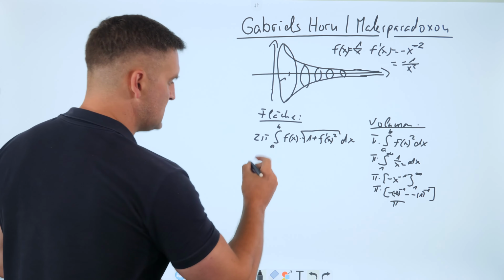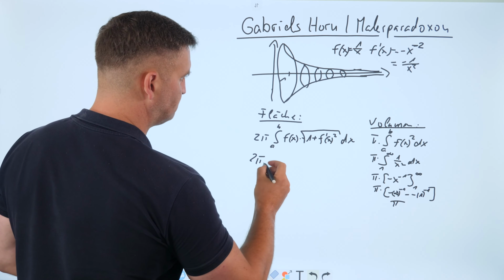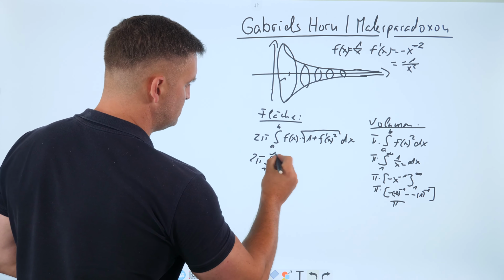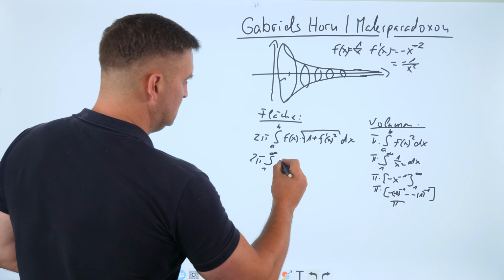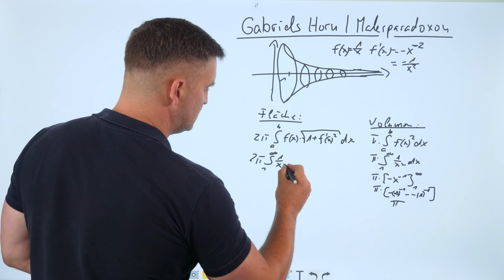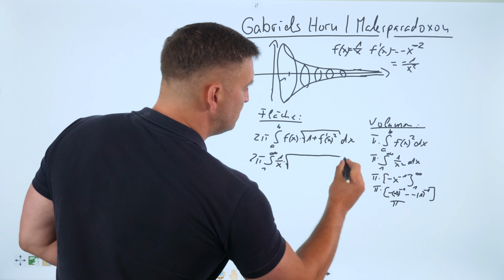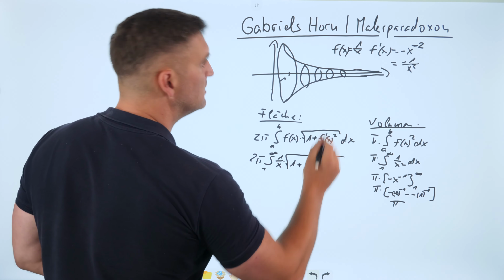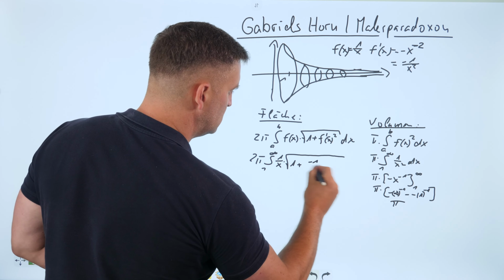Now if we plug these in, we have 2 pi times the integral again from 1 to infinity of 1 over x times the square root of 1 plus minus 1 over x squared, the whole thing squared, dx.